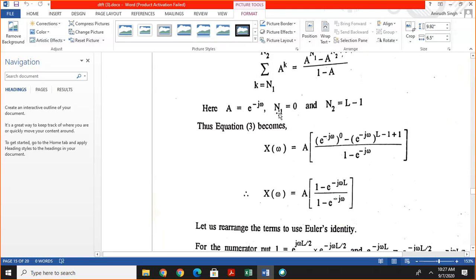So X of omega can be calculated by putting the value of a, n1 and n2 in this formula. We get X of omega is equal to a multiplied by 1 minus exponential minus j omega L divided by 1 minus exponential minus j omega.